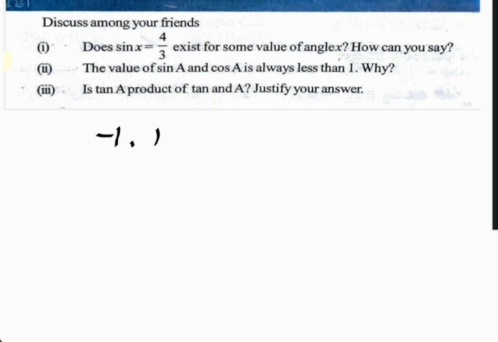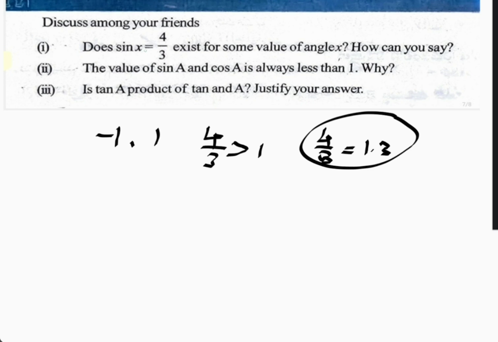But here 4 by 3 is greater than 1. It is equal to 1.33. So it is greater than 1. The angle X does not exist for sin X equal to 4 by 3.